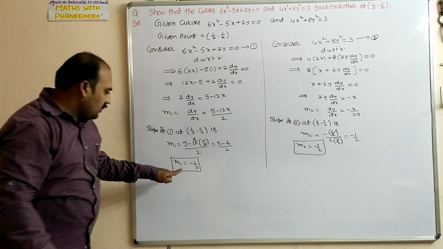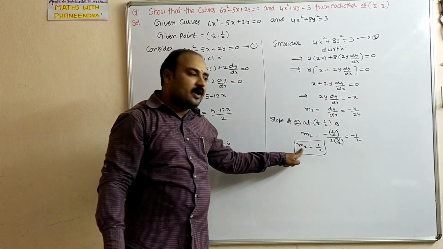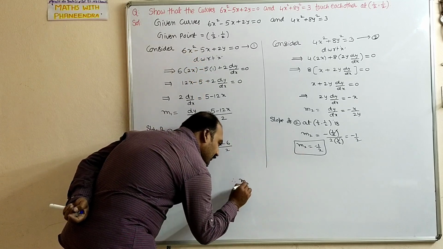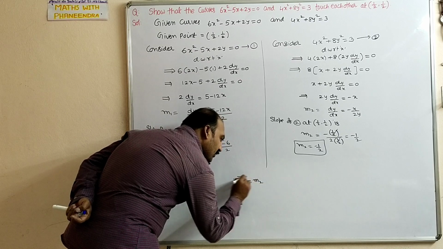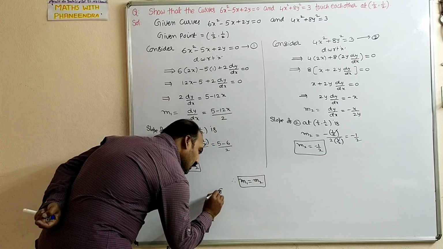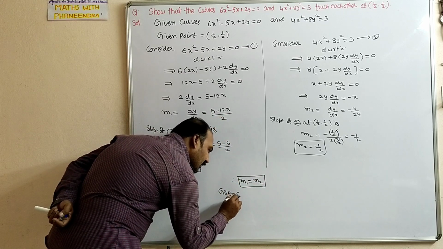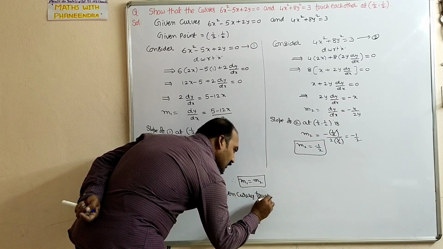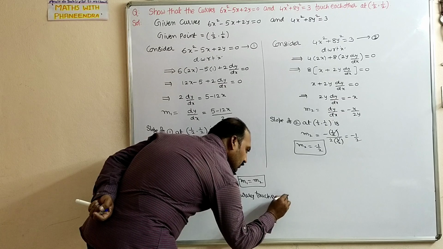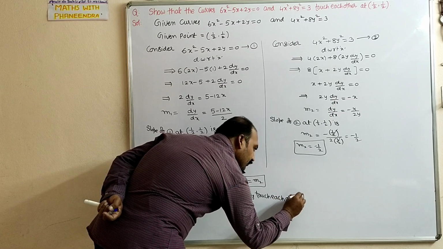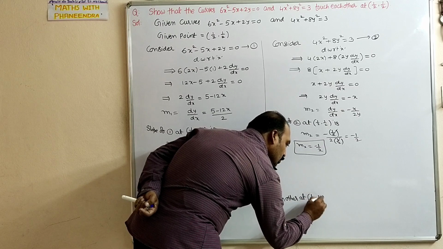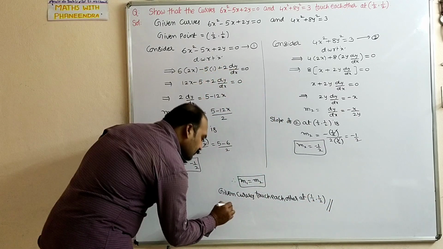By observing, the m1 value is minus 1 by 2, the m2 value is also minus 1 by 2, we know that therefore m1 equal to m2. The given curves touch each other at 1 by 2 comma 1 by 2, hence proved.